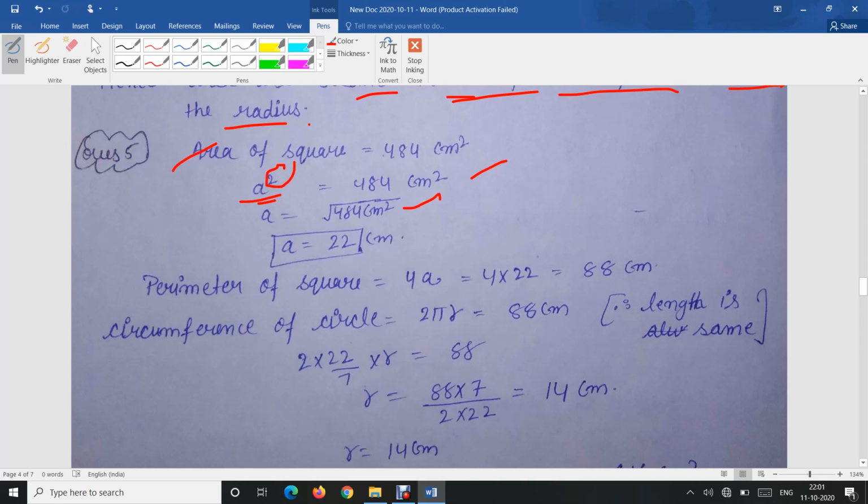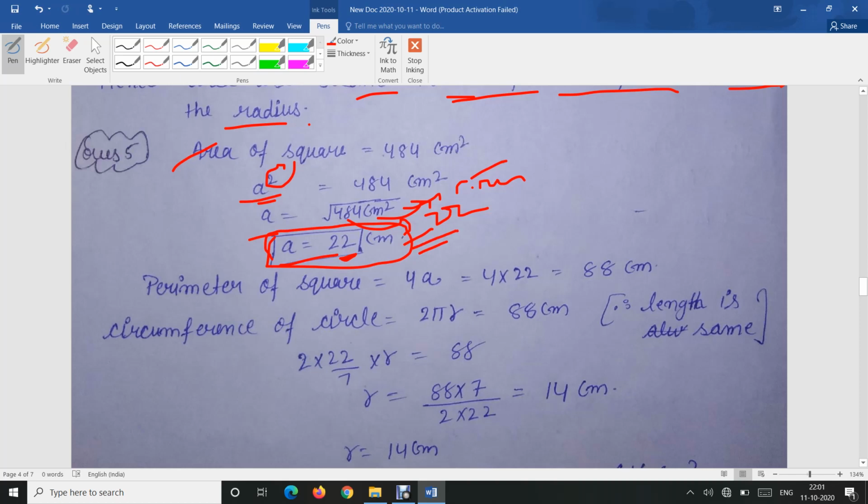So from here you will find the value of a, which is 22 centimeter, because the square root of 484 is 22 and the square root of centimeter square is centimeter. That means the side of the square is 22 centimeter.